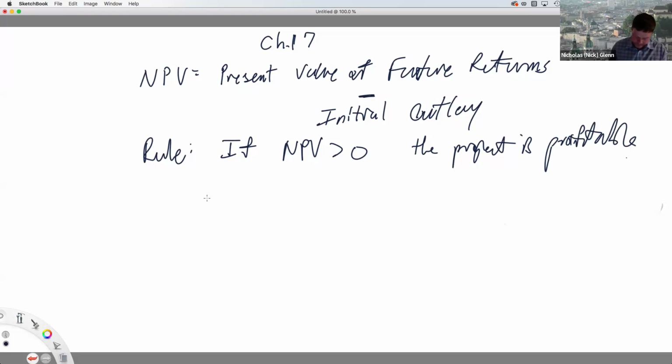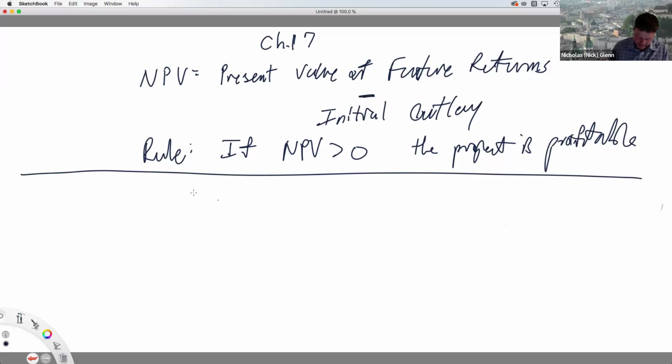All right. So let's talk about the next concept, and that's the time value of money. The basic premise is that money in the present is going to be worth more to people than money at a future date.